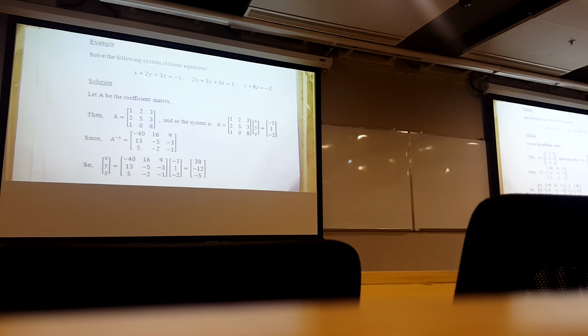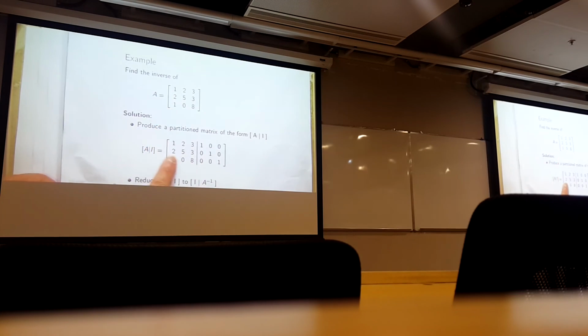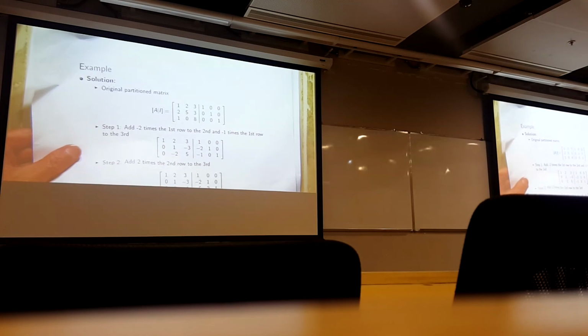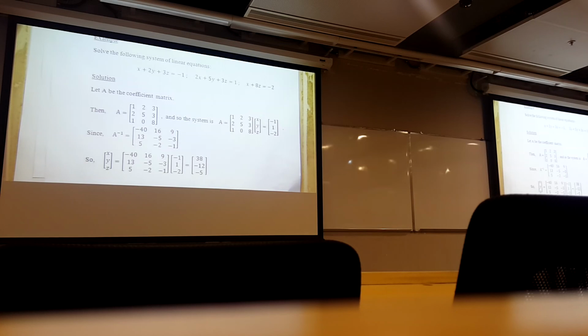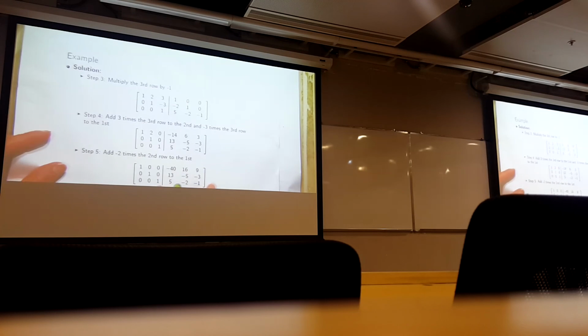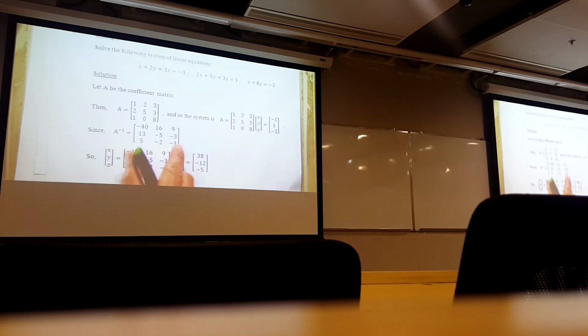Now, once again, in the previous example, remember 15 minutes ago, starting from this matrix, and then with this method, go through these row operations, and then finally we find this inverse, and this is the inverse of this matrix, and then we multiply the inverse to both sides.